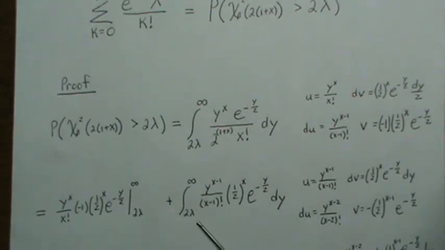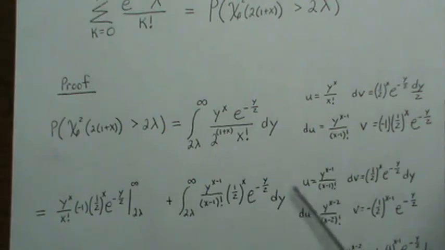And then here we need to do integration by parts again. And we chose this piece here because we're going to keep differentiating, and the exponent eventually will get to 0. And when it gets to 0, then what's left over is really easy to integrate.